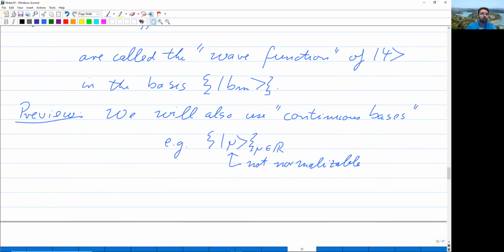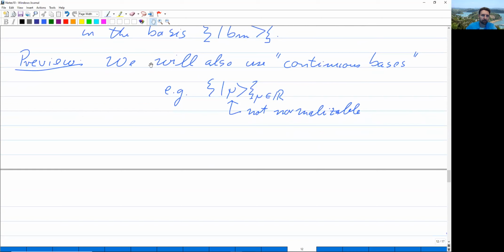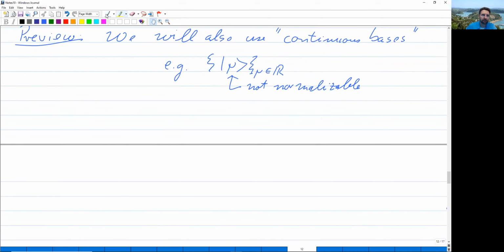Then we can do formally the same thing, except that we will have to clarify certain caveats later in the course. Then we have that the abstract vector psi can also be written as a linear combination of these basis vectors with coefficients psi mu.